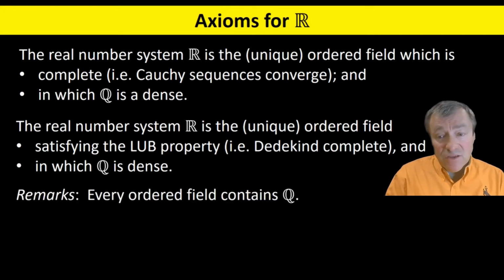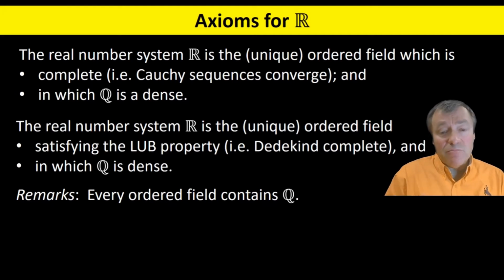Now, these axioms convey a lot of the other properties that I haven't mentioned along with them, including some properties that are sometimes listed as explicit axioms. For example, the real number system is an extension of the field of rational numbers.